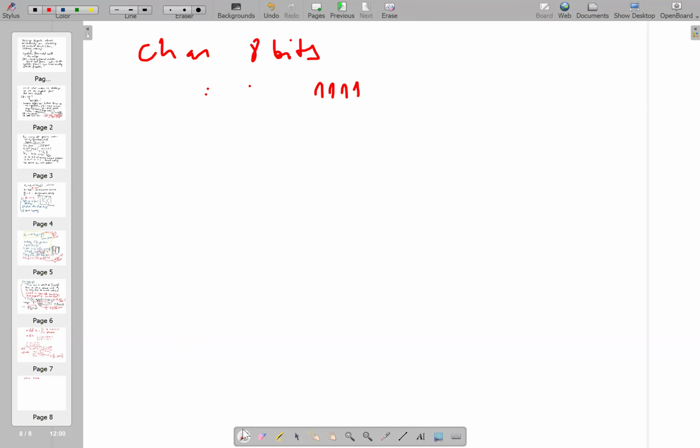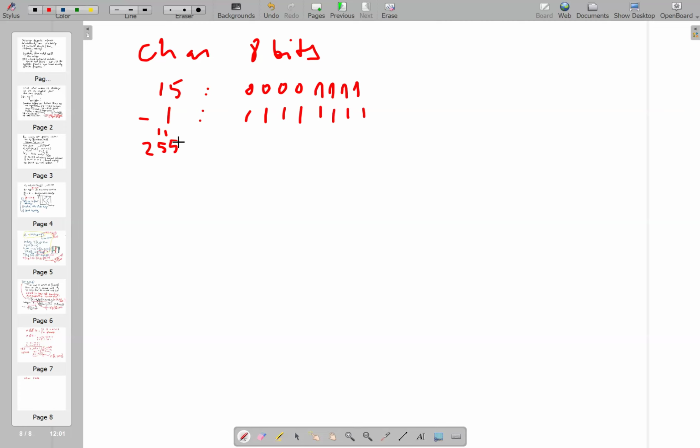So this is 15, and all others are zeros. 8 bits, right? Now, minus 1 is all ones: 1, 1, 1, 1, 1, 1, 1, 1. But it is also the same as 255. In terms of the computer, it is minus 1 if it is a signed number, 255 if it is unsigned. Exactly the same thing.